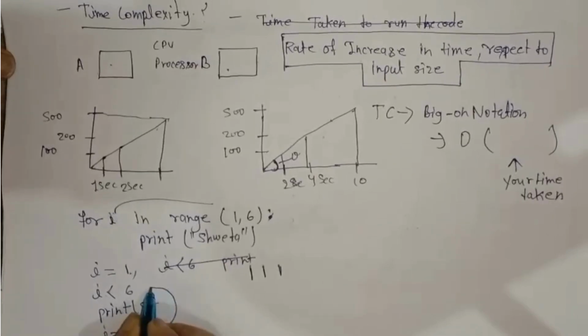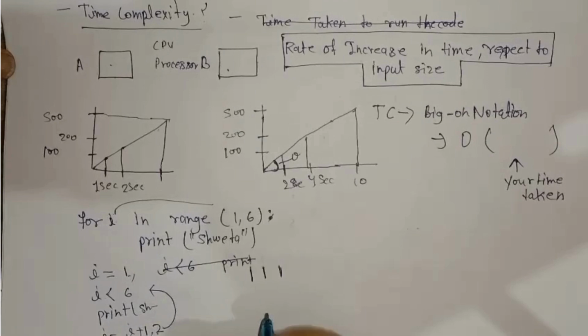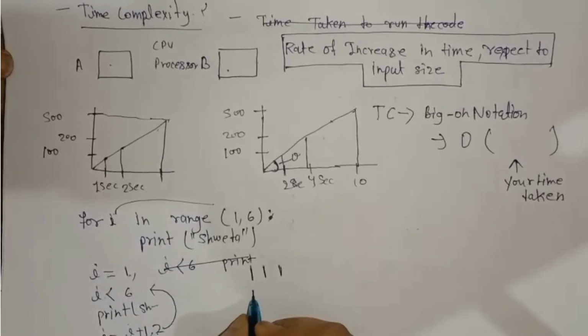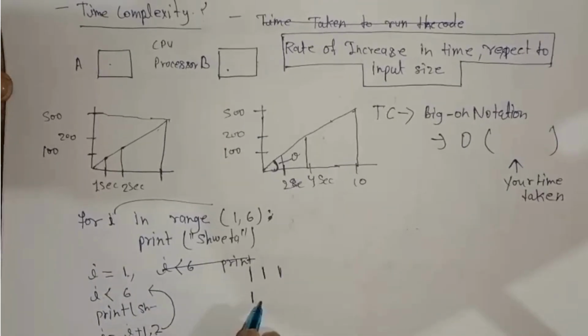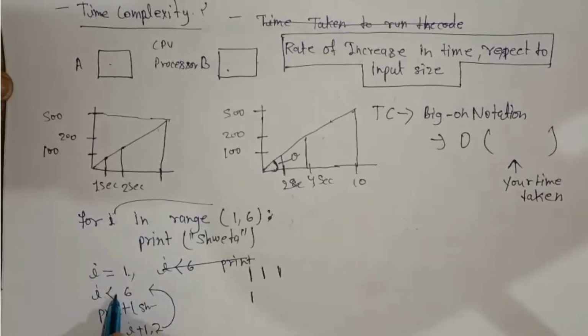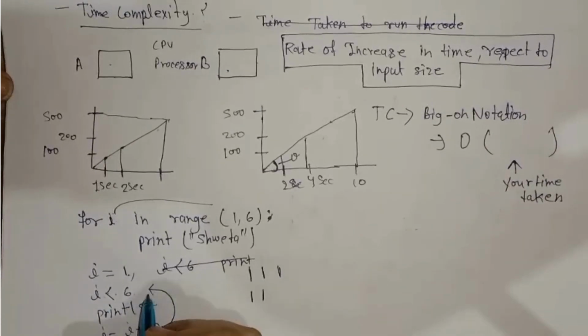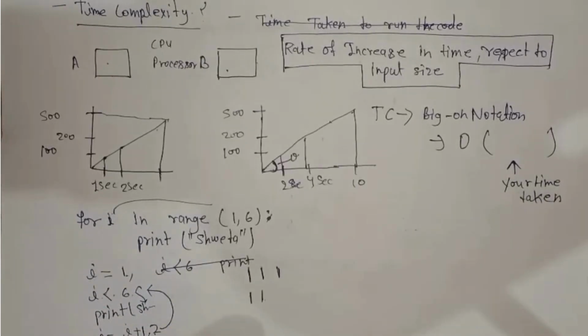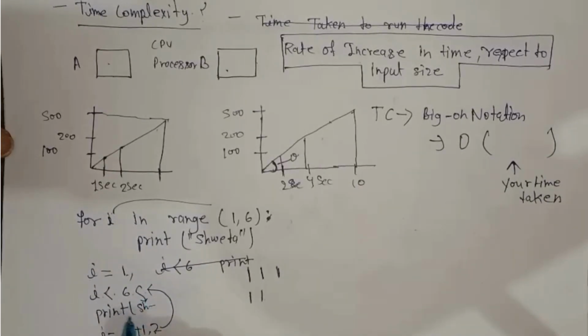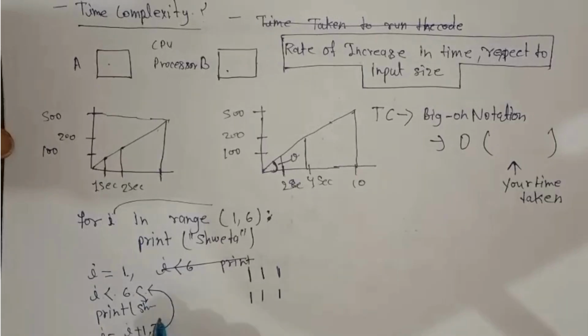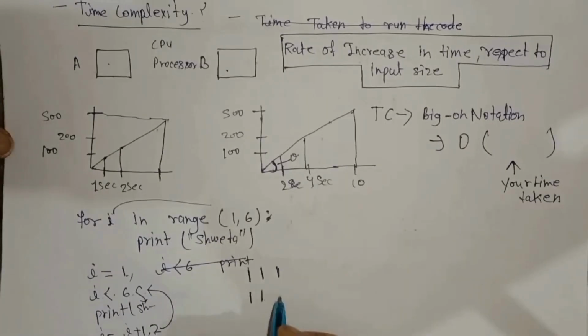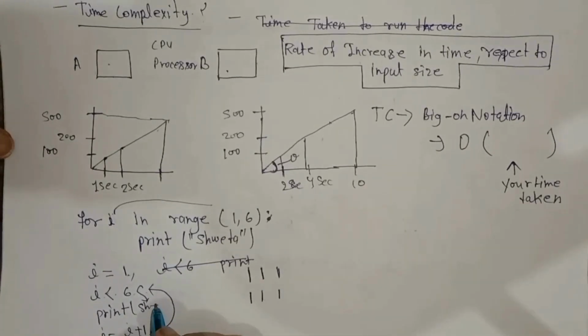Then it checks, is i less than 6? Yes, second operation. Then it prints, third operation.